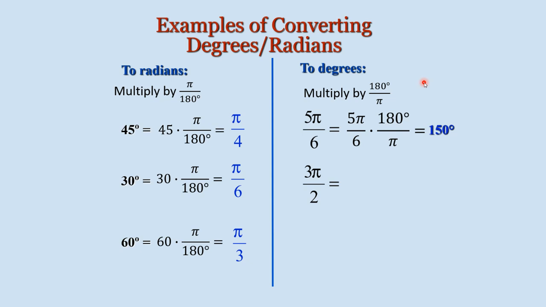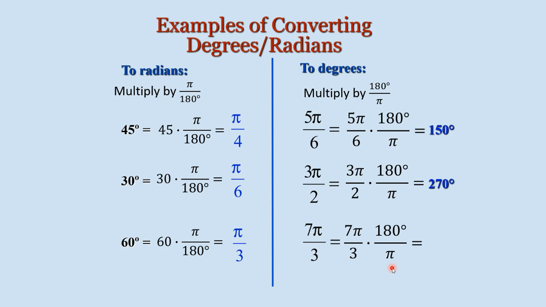Then 3 pi over 2, we're going to multiply by 180 over pi. The pi units cancel out. 2 goes into 180 90 times, and 90 times 3 is 270. And then 7 pi over 3, multiply by the conversion factor of 180 over pi. The pi unit cancels out. 3 goes into 180 60 times, and then 60 times 7 is 420 degrees.